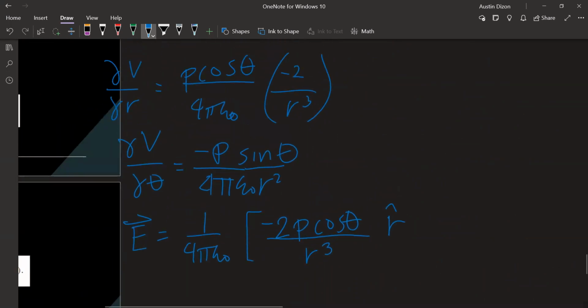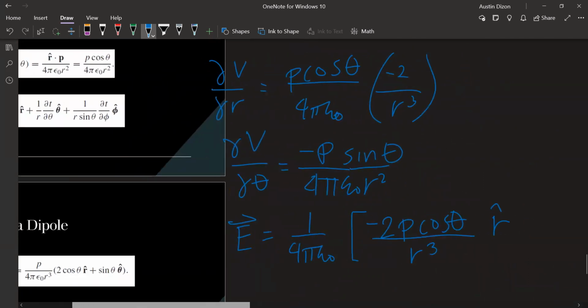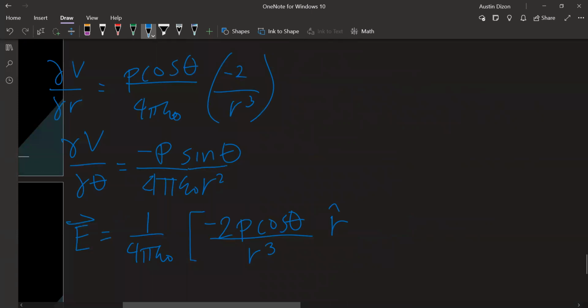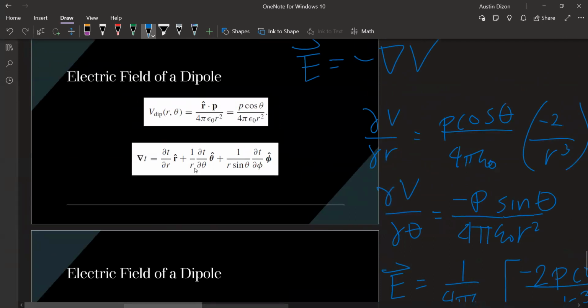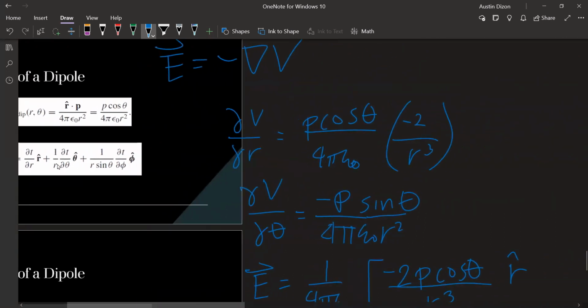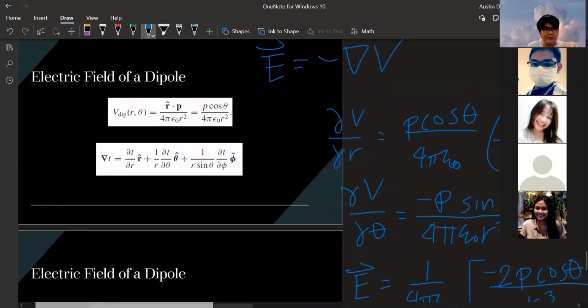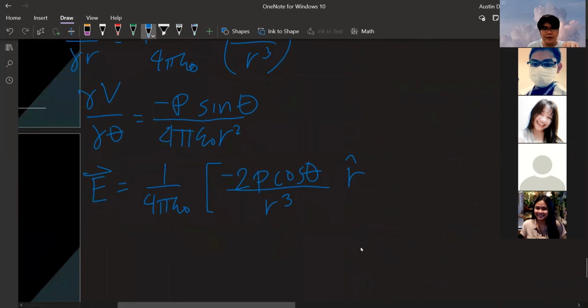Then the second term will have an extra 1 over r, because of the gradient formula in spherical coordinates.